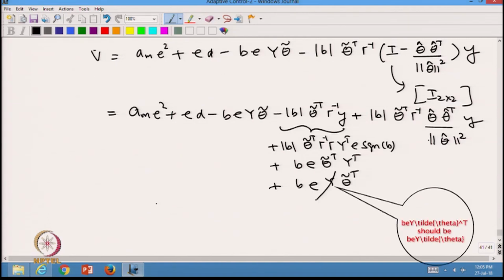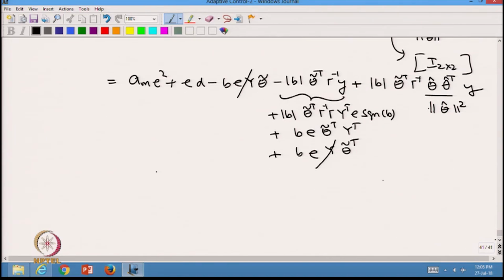Now this term in fact cancels with this term, and we will be left with A m E square plus E d, and then we'll have this term to deal with.